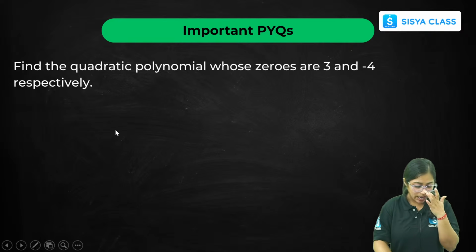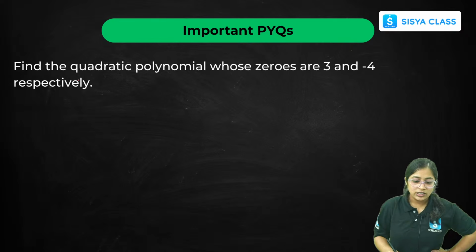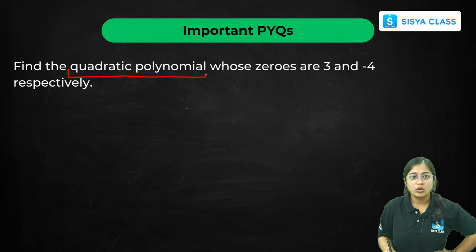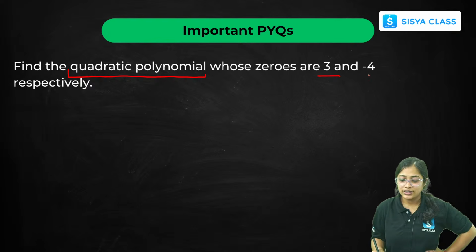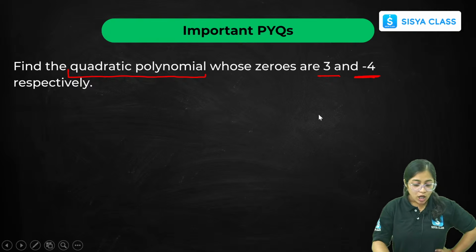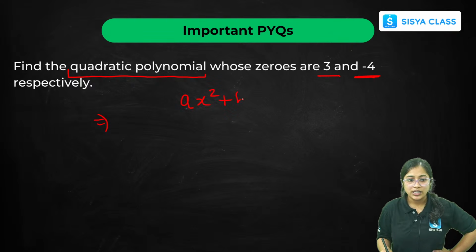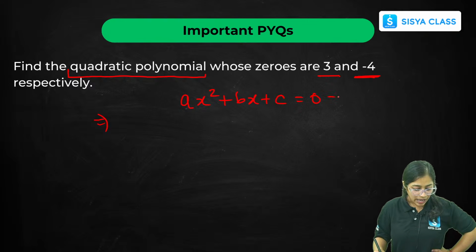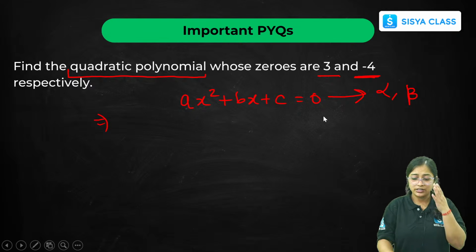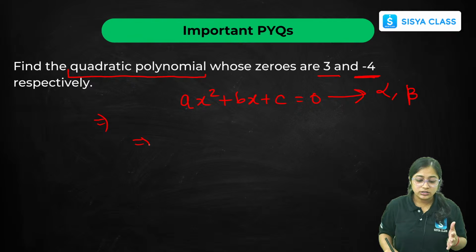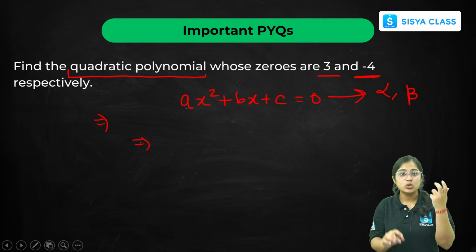So here we have to find the quadratic polynomial whose zeros are 3 and minus 4. Okay, so always remember that if you have a quadratic equation ax square plus bx plus c equal to 0, and the roots of the quadratic equation are alpha and beta, then what is the quadratic equation whose roots are alpha and beta?